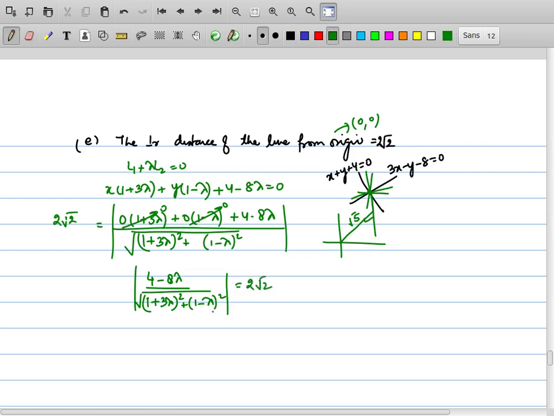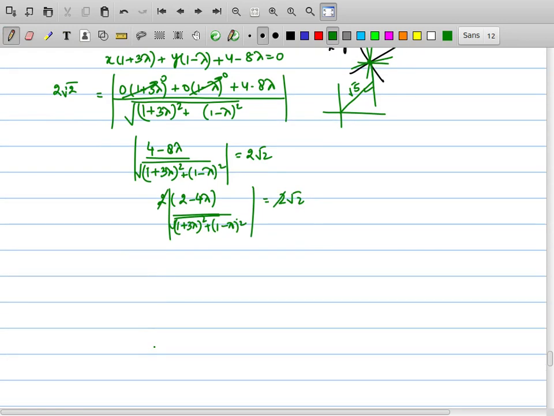Now if you look closely, we can take 2 out: 2 times (2 minus 4 lambda)... upon the square root of (1 plus 3 lambda) whole square plus (1 minus lambda) whole square. This 2 root 2 and this root 2, the 2 and 2 go.